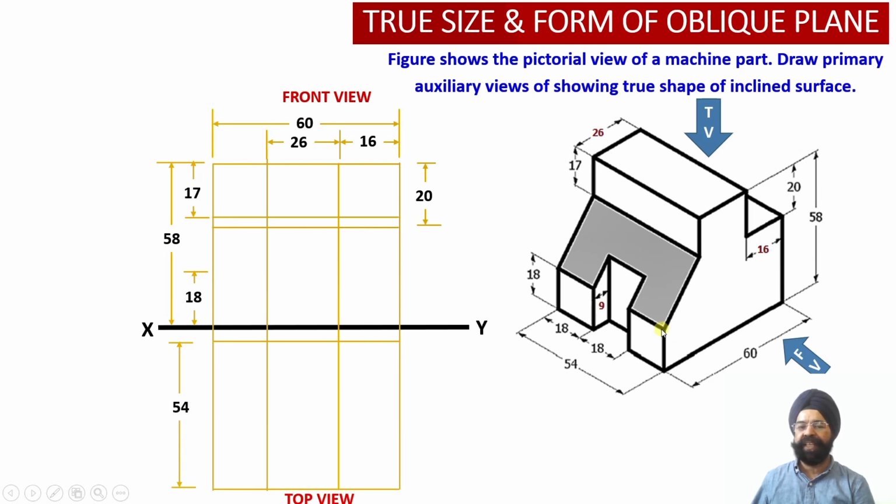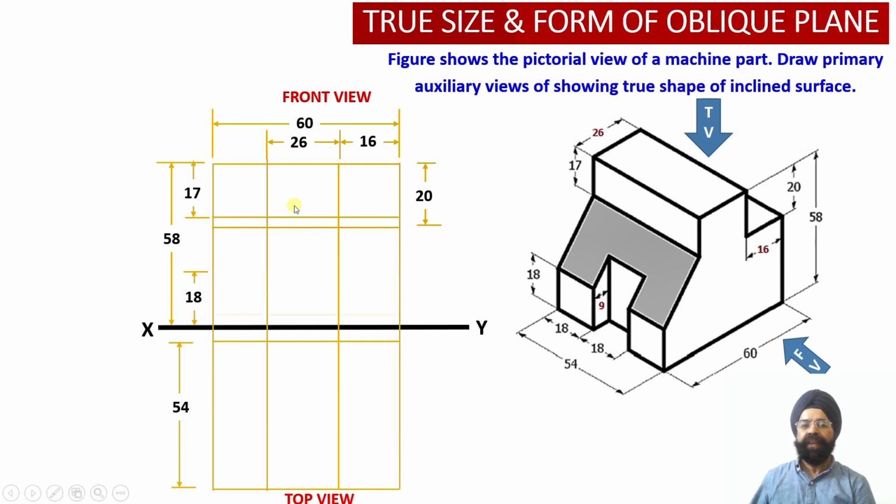From this point, our inclined surface is going to start and it will end at this position, where my 17 millimeter vertical web is going to end. If I join these points, I will get the inclined surface edge length. So this will be the edge view corresponding to the sectioned inclined surface of the solid.